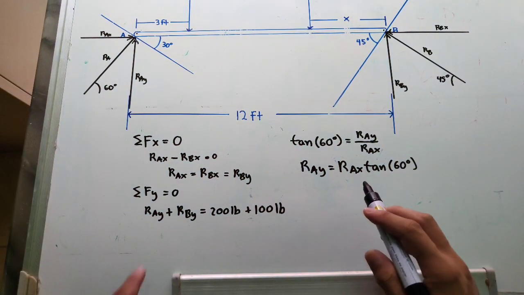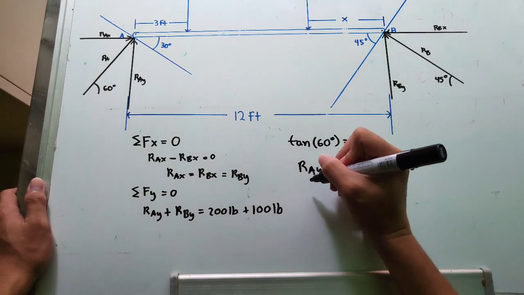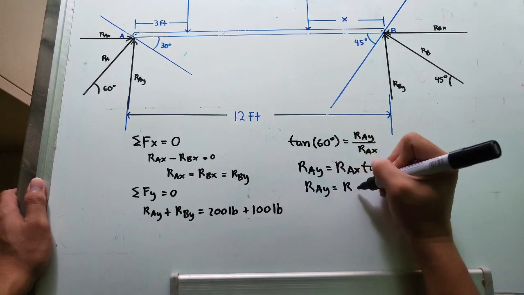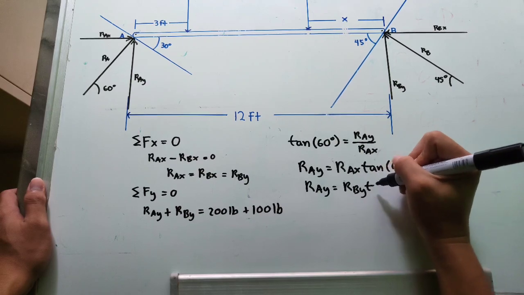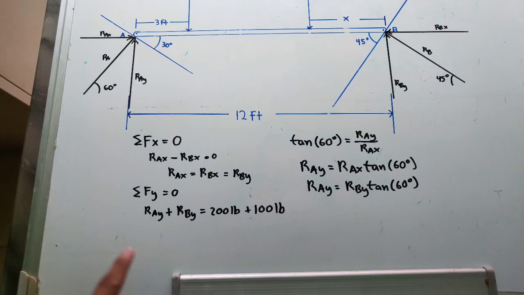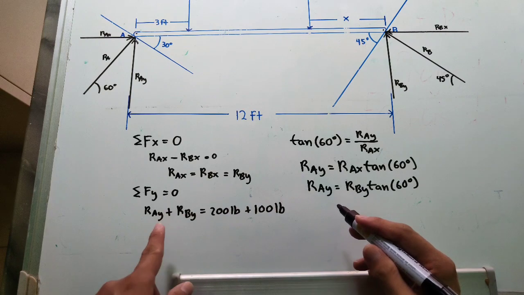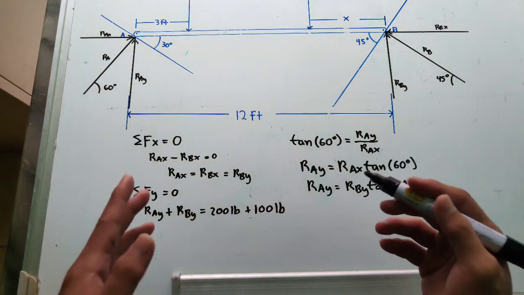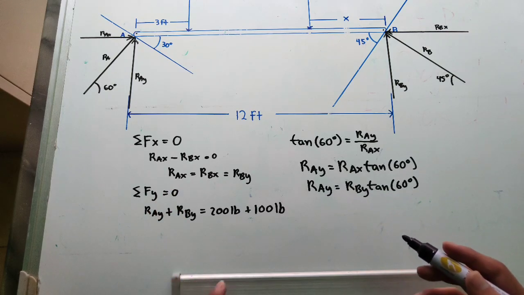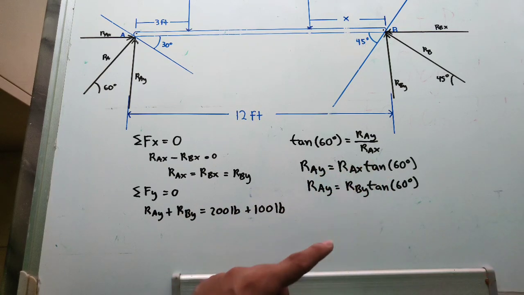Now take note that RAX is equal to RBY, so we simplify it further: RBY tan 60 degrees. Now, we substitute this for RAY so that we need to only find two equations with two unknowns to simplify our solution.